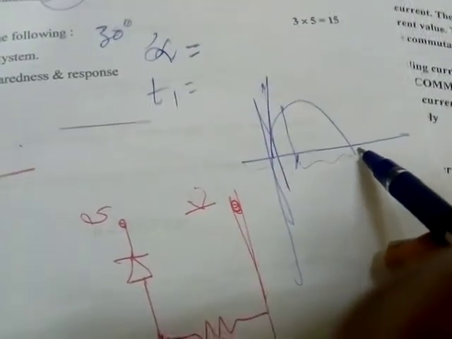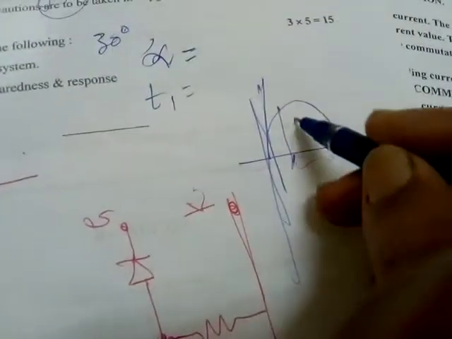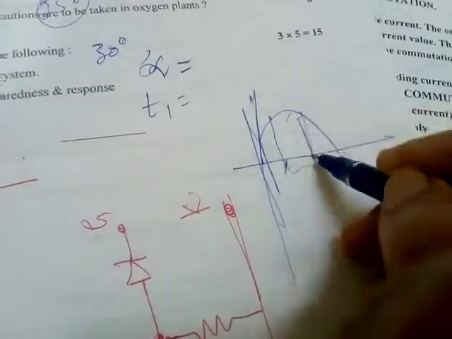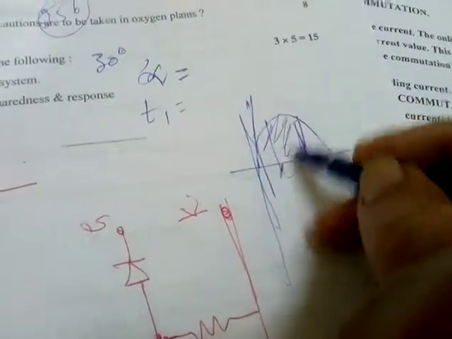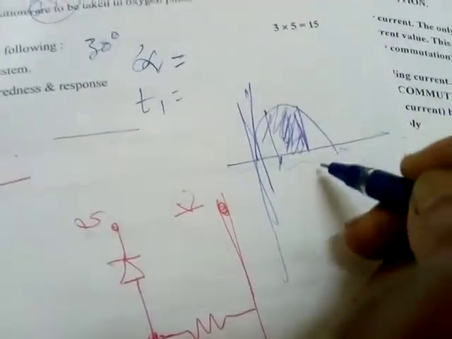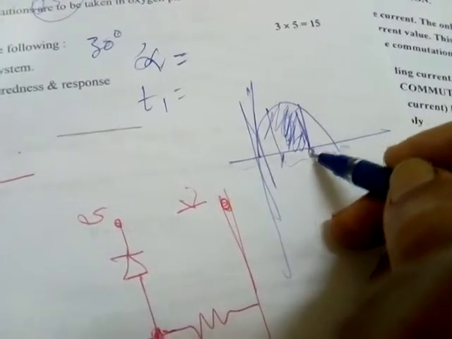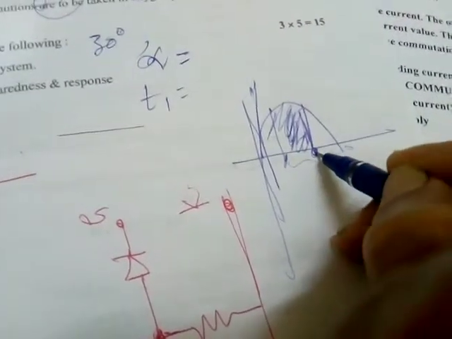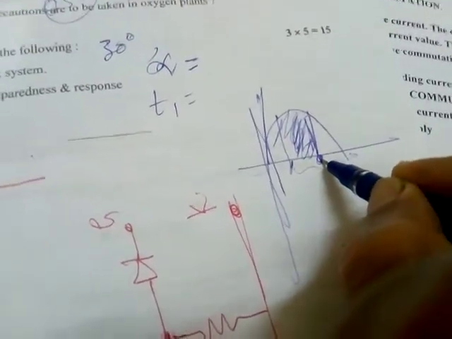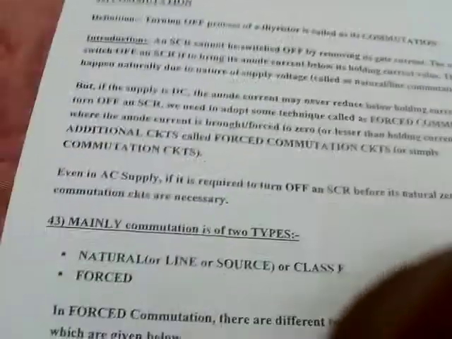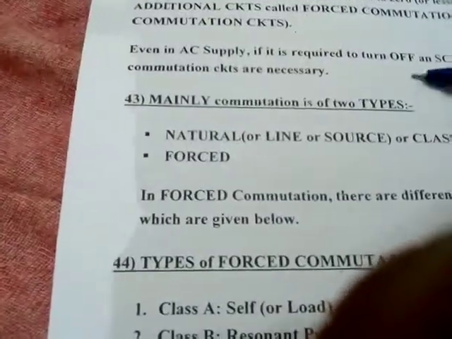Suppose you want to switch off the SCR at this instant, so that you need only this much voltage. Then even in case of AC, we have to use a forced commutation technique. So commutation mainly is of two types, natural and forced.